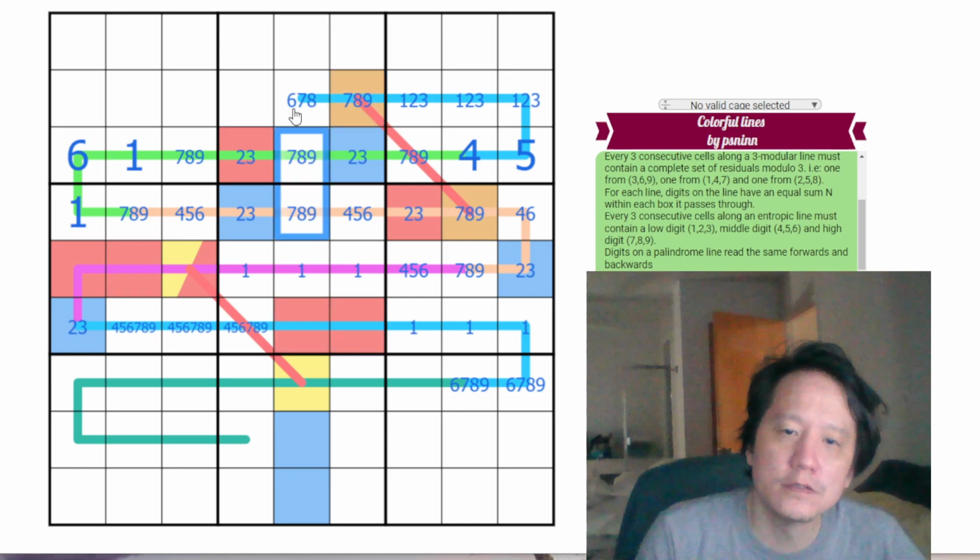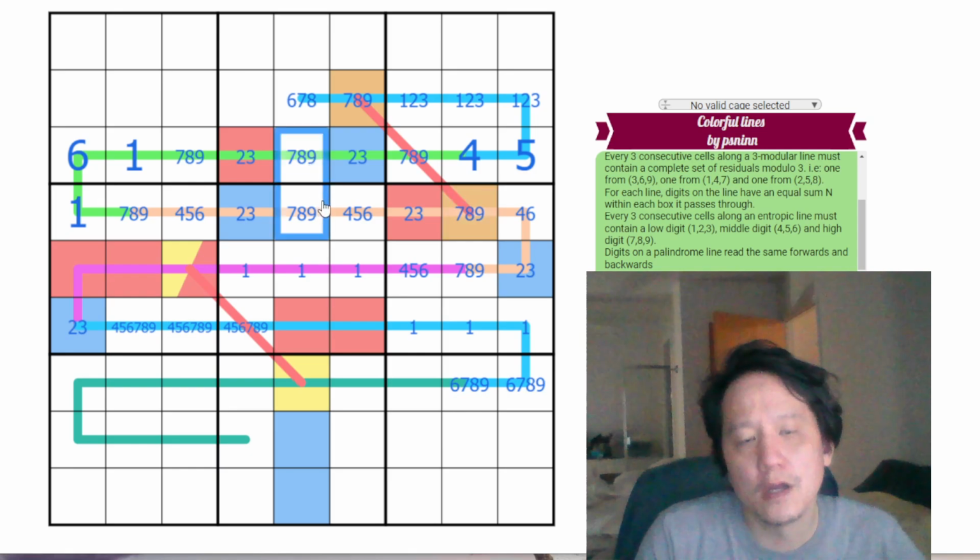Interesting. So these have to be different colors, right? These both see this, and they both see those. So these are each unique. Ah, because we know they're each unique, therefore that's a 6, right?